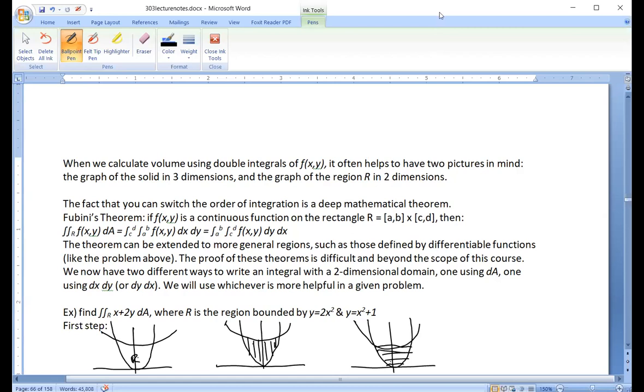They just start on the negative branch and then they end on the positive branch. So that would be slightly irritating to set up an integral. So for that reason, doing this problem with horizontal slices is probably not optimal, and therefore it makes the most sense to set this problem up using vertical slices.